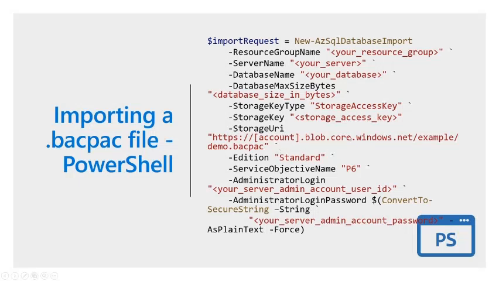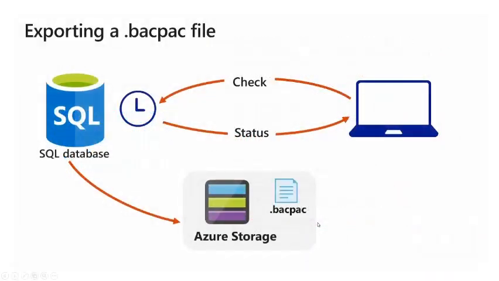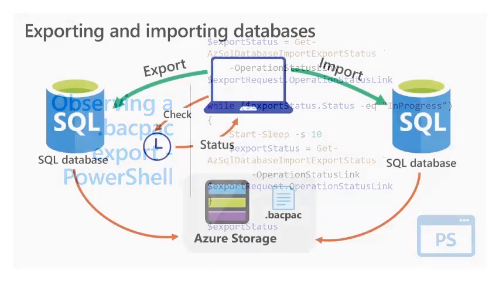That is interesting to know, because you need to specify the blob storage URI, the backup file location, and then you need to specify the login. So you say administrator login. Simple. We already talked about this.